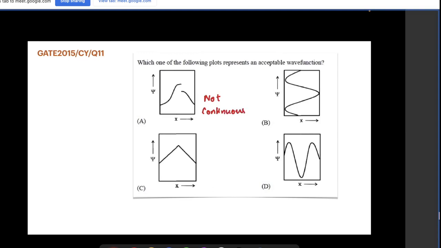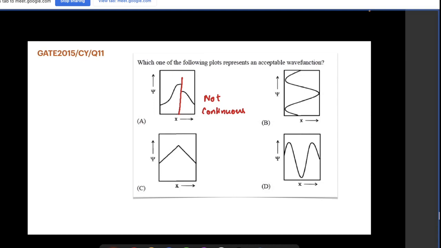There is also a physical meaning to continuity, because in the region where my wave function has no value, or has a discontinuity, the probability of finding my particle is 0 there.